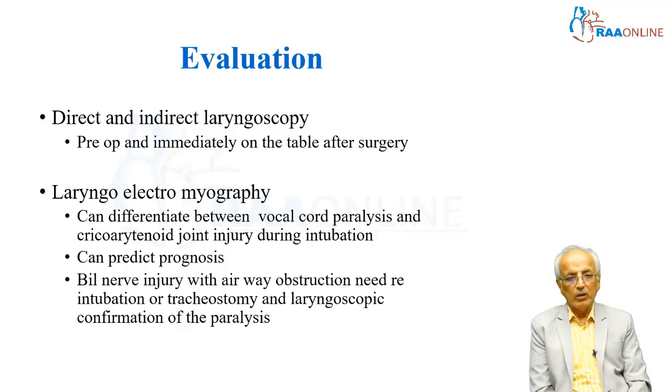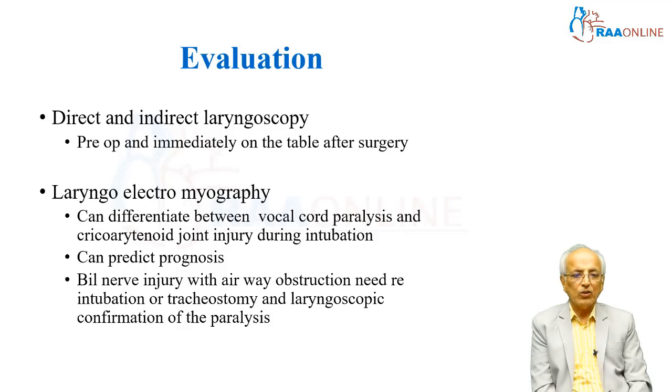And all the more important is immediately after surgery on the table, the anesthetist, as she is extubating the patient, should look at the vocal cord and their ability to move. Their position is normal or paramedian or adducted or abducted. All this should be detected by direct laryngoscopy at the time of extubation.